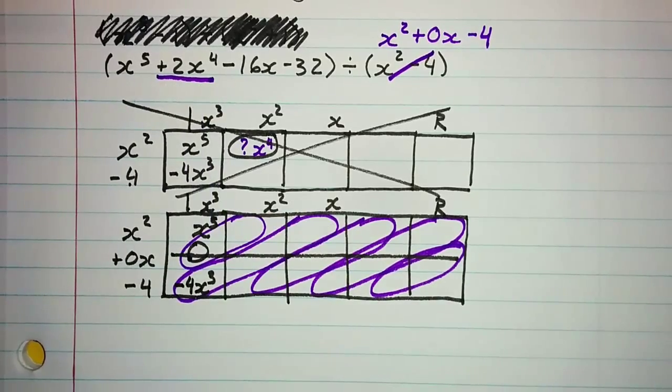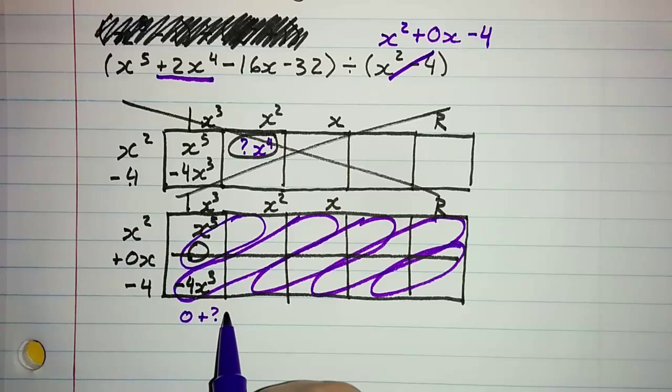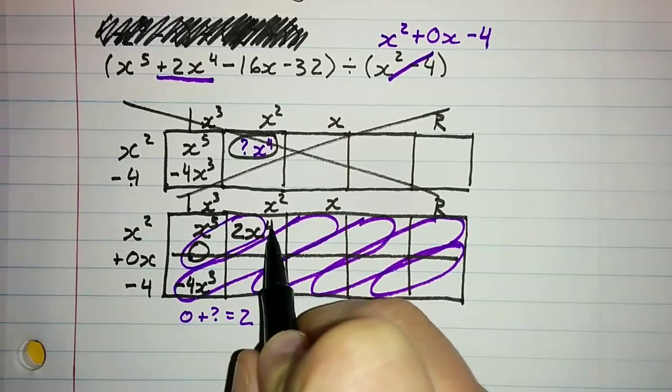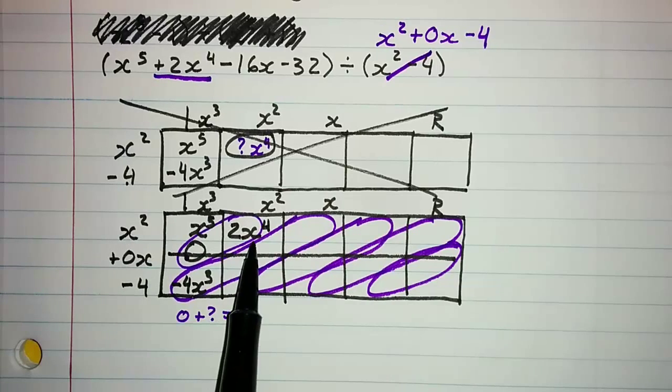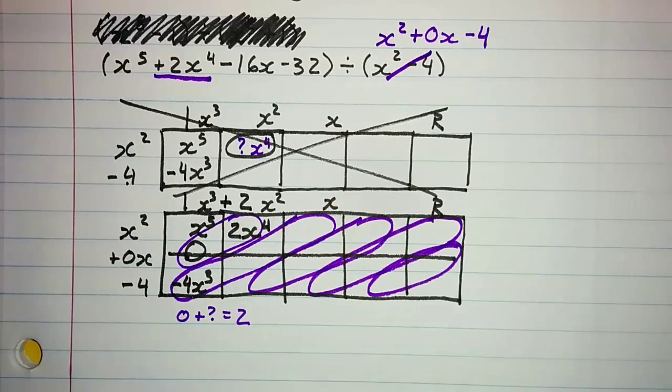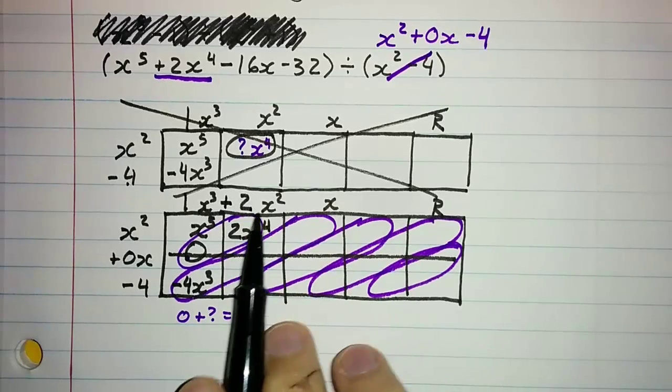I need my total coefficient to be 2. So I'll say 0 plus what gives me 2. Well, that's especially easy. This must be 2x to the fourth. X squared times what gives me 2x to the fourth? It must be positive 2x squared.